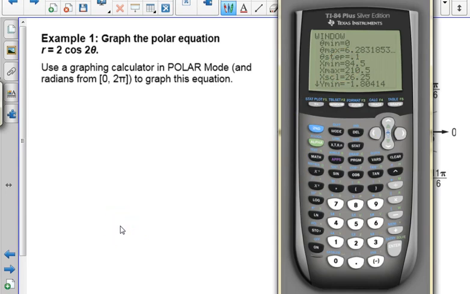If we were in degrees, what would we change the min and max to? 0 to 360. Now, if you're counting from 0 to 6 by tenths, that's like 60 iterations or 60 different points it's going to find and connect.